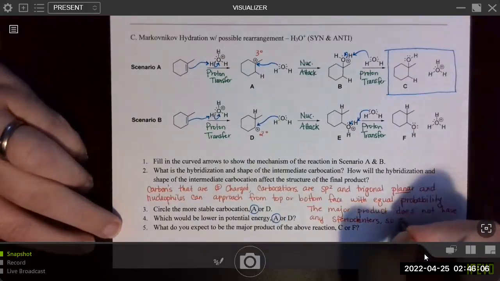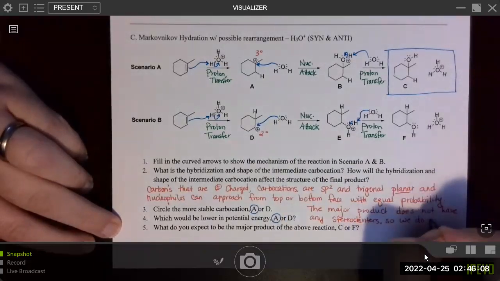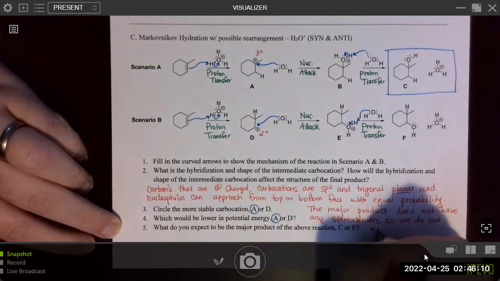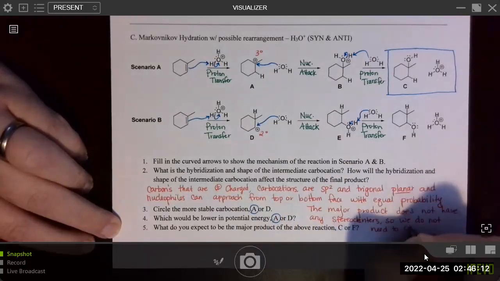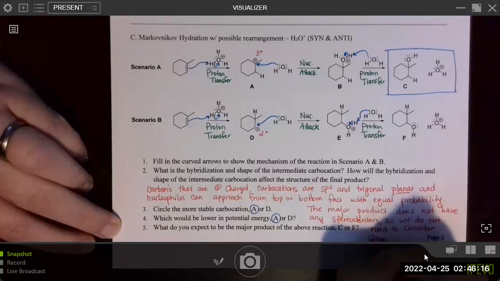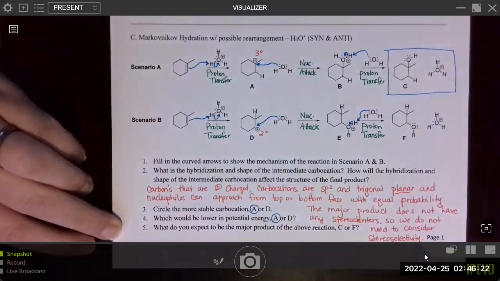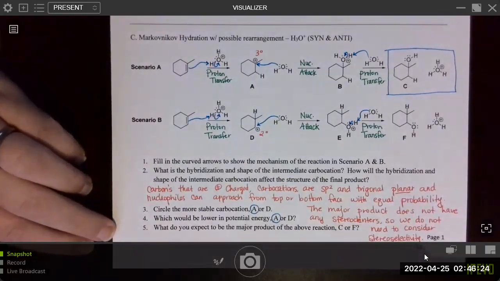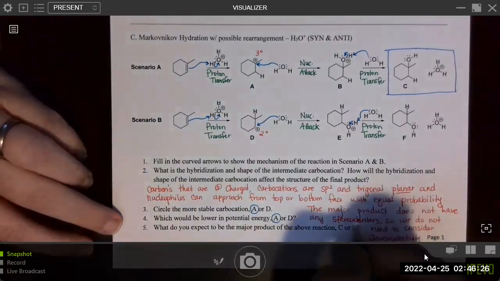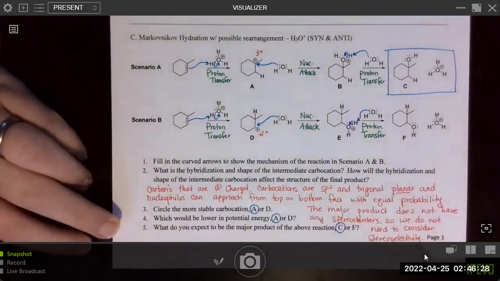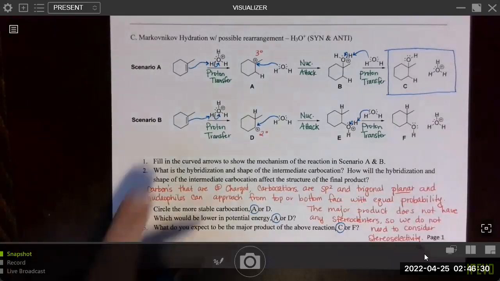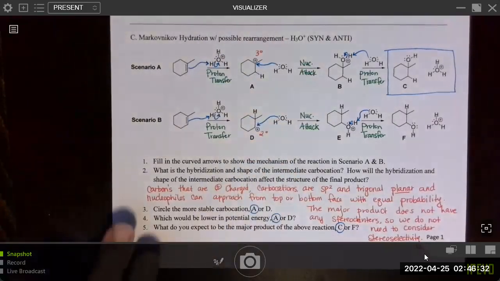So we do not need to consider stereoselectivity. Okay, so what would we expect to be the major product? Definitely C, because it's a lower energy pathway going through the more stable carbocation intermediate.